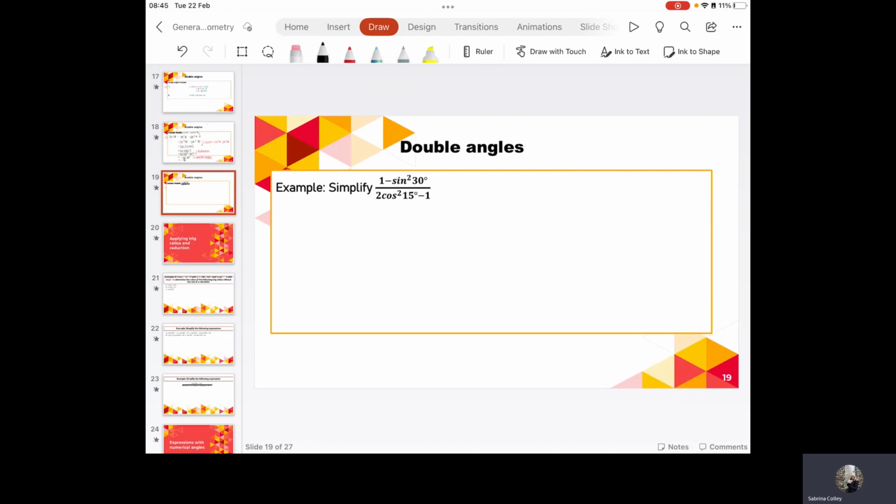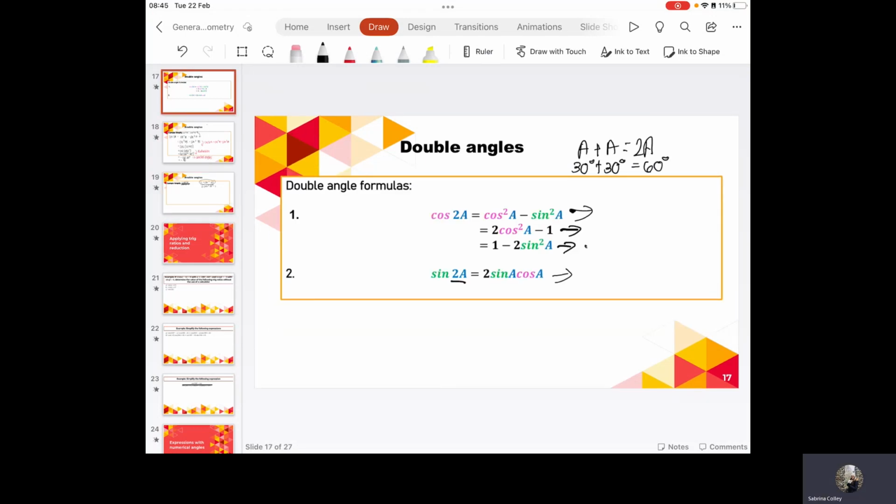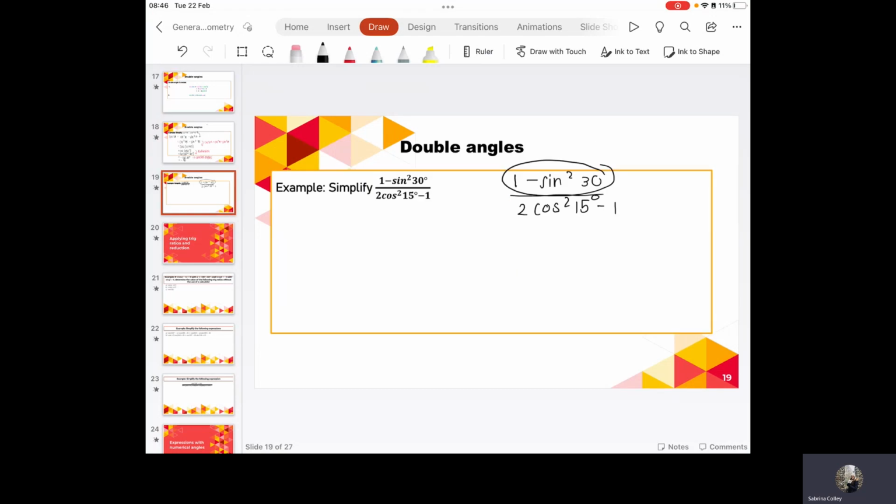Here I've got 1 minus sine squared 30 over 2 cos squared 15 minus 1. If I look at this one, I've got 1 minus sine squared, and it does not look like this one, because this one has a 2 in front of that. But what it does look like is, remember your identities.